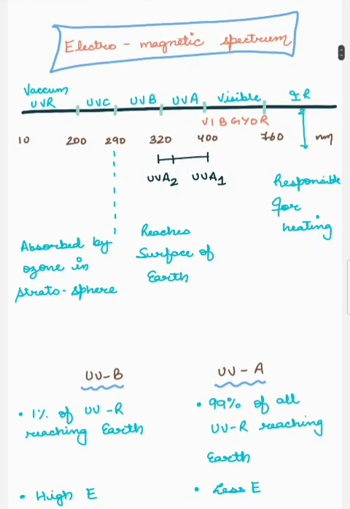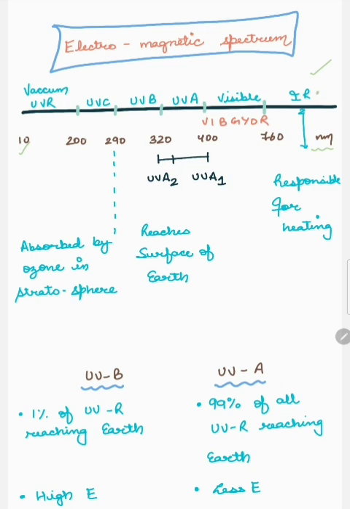To start with the basics, we'll be studying the electromagnetic spectrum. What are the rays that reach Earth and how will they affect us? In a very simple diagrammatic manner, this is the electromagnetic spectrum. All these wavelengths are in nanometers. On the extreme left, we have 10 nanometers, and then we have the infrared radiation. Let us start.